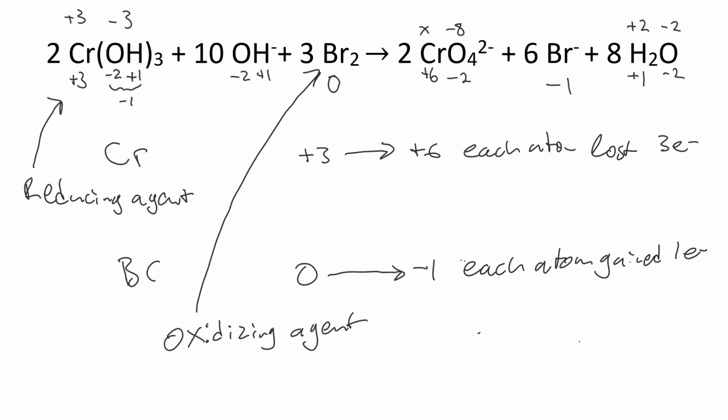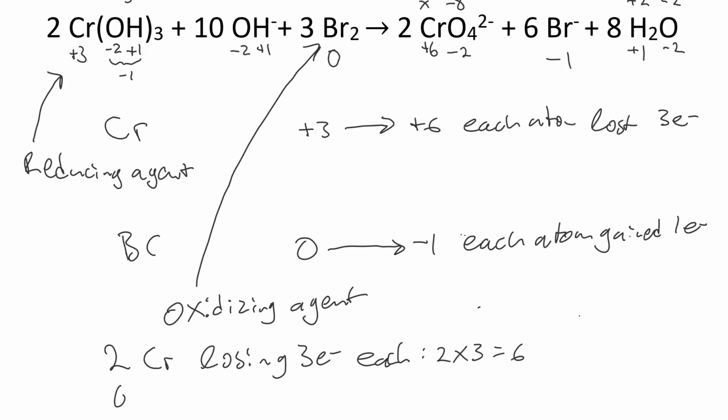How many electrons were exchanged in this reaction? Well, you have 2 chromium atoms losing 3 electrons each. 2 times 3 equals 6.